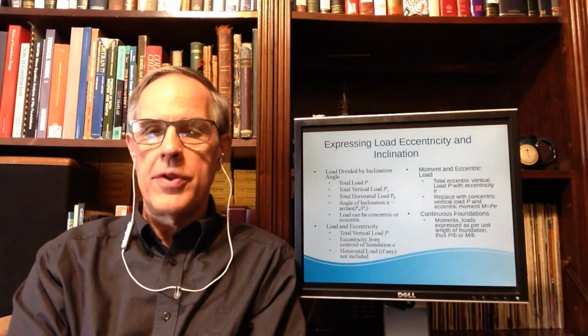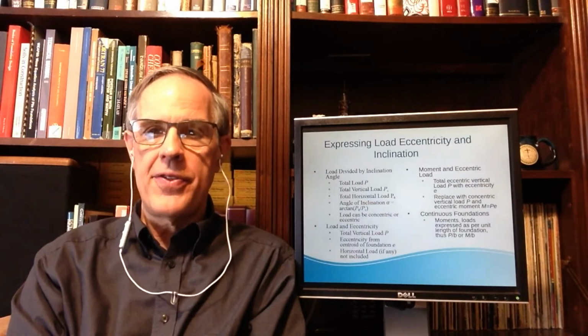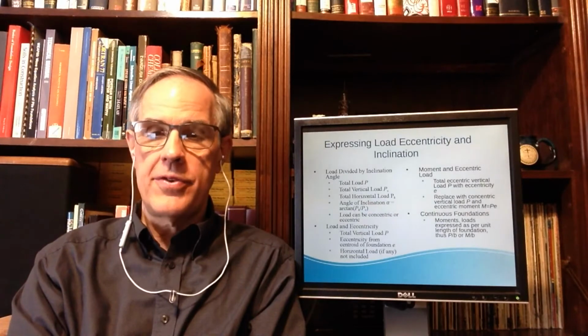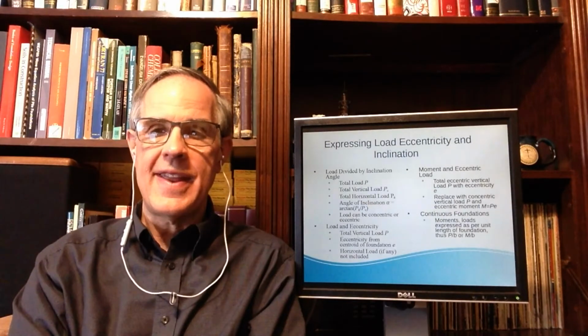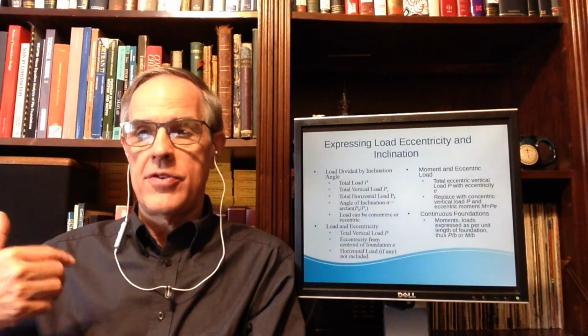Then we come up with a total vertical load P, which is somewhere either at the centroid for a concentric load, or for an eccentric load, a distance e in either one or two directions from the centroid.